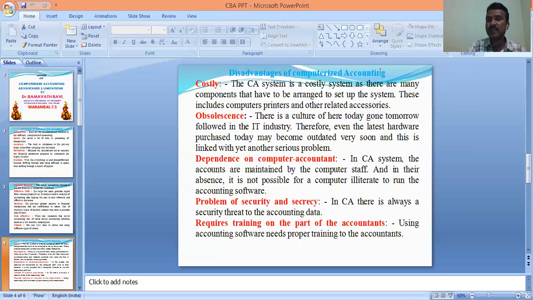When new innovations come, we have to make certain updates. Again, we have to purchase our software. So continuously we have to purchase software. Once we purchase software, that is not enough. For example, in the year 2016, the GST mechanism came into existence.